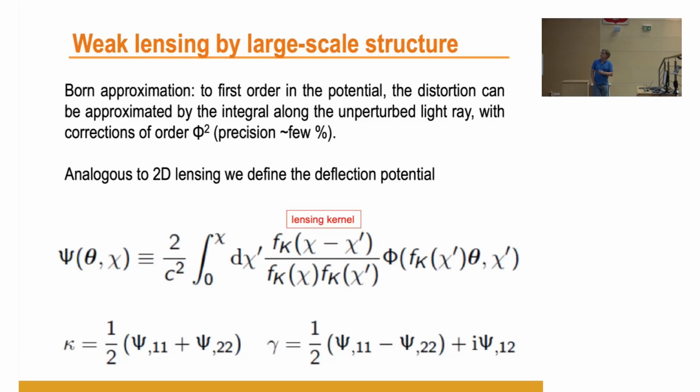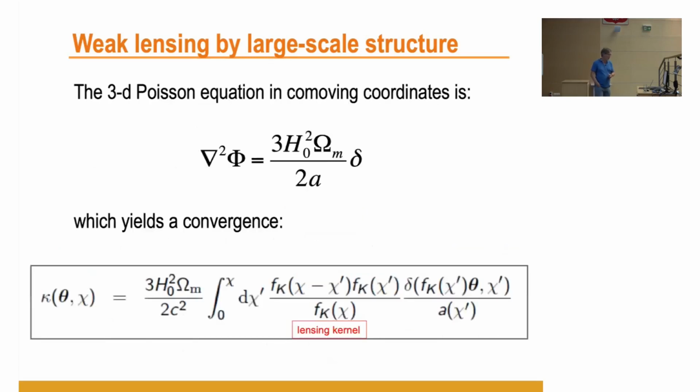And so this was in potential, so again we can relate things to convergence, etc. When we look at the power spectrum of density fluctuations, we look at overdensities. So, using the Poisson equation, we can relate the potential to the density, and when we plug that into the previous equation, we can say the convergence as a function of distance and position on the sky is this kind of integral.